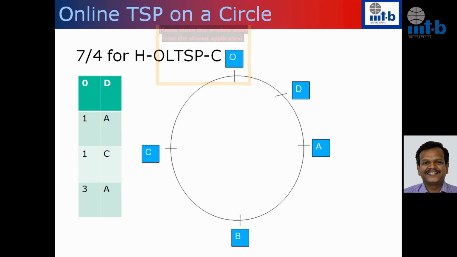So we will assume that after serving the first request, it comes back to the origin. It takes half a unit of time to reach D and half a unit of time to come back, so no waiting is allowed. At time one, it has to be at the origin. It cannot wait at D.